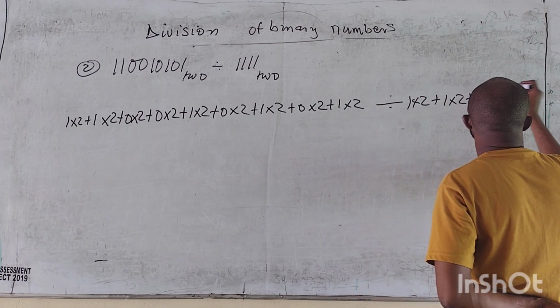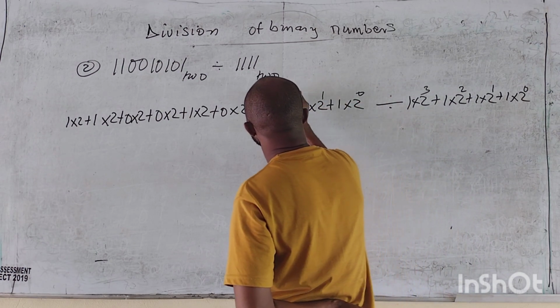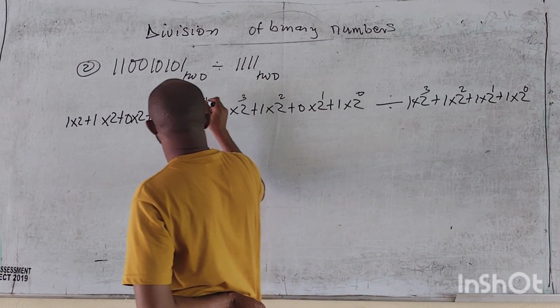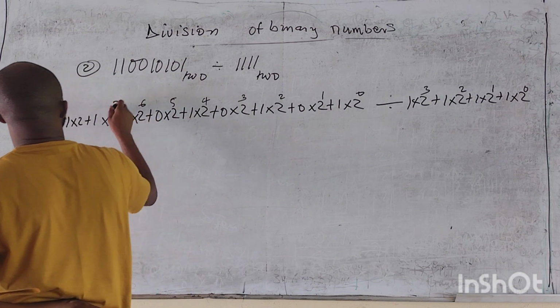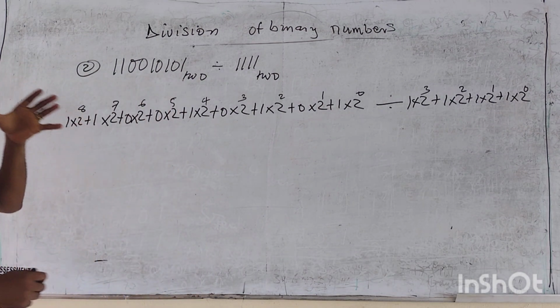From here the powers are 0, 1, 2, 3, and on the other side 0 through 8. So we are moving to base 10 now.